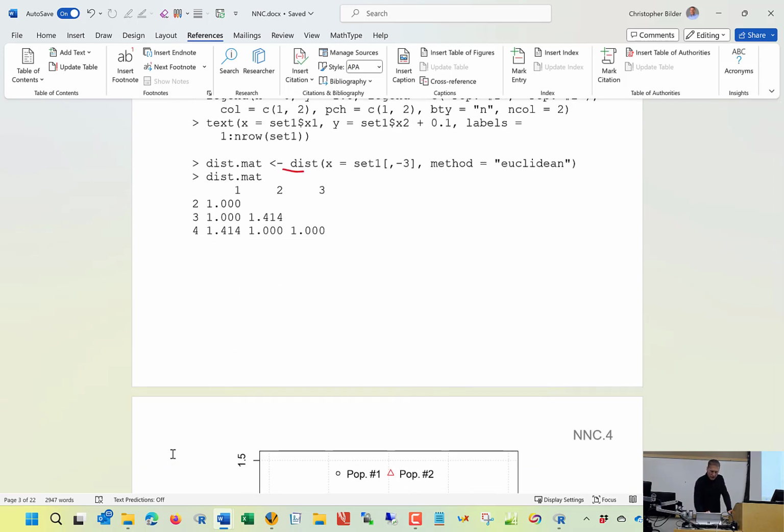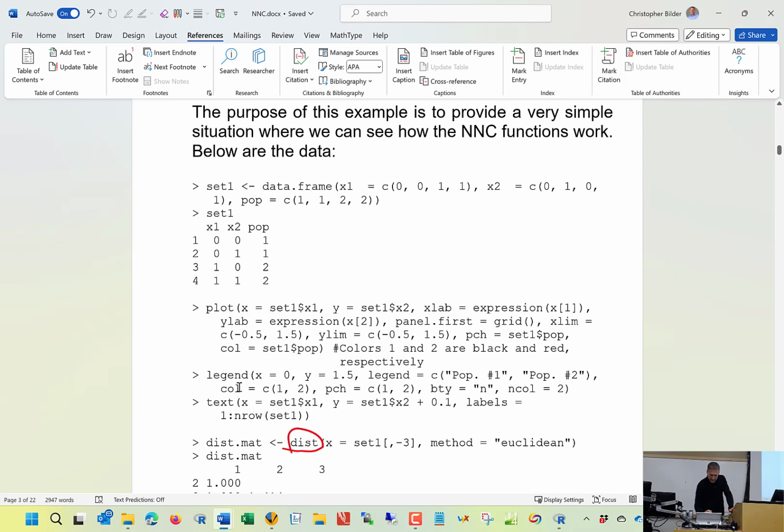I can go back to what we learned in cluster analysis to find a distance matrix, or matrix of distances. Again, you would normally apply nearest neighbor classification with standardized data. I am not in this particular case, just for demonstration purposes. Now, in the data frame itself, let's make sure you see the format here. I have 2 variables, x1, x2.